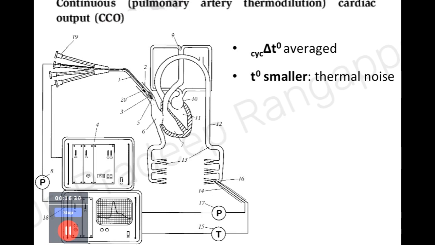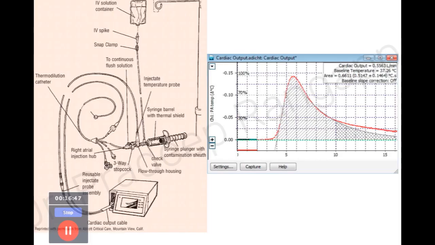Now this is, as you see, continuous pulmonary artery thermodilution cardiac output, where again the change in the temperature is done in a cyclical way, and because it is doing continuous cardiac output, the change may be much smaller, and there may be thermal noise. See, this is a typical thermodilution curve that gets created when a cold injectate is infused into the right atrium.